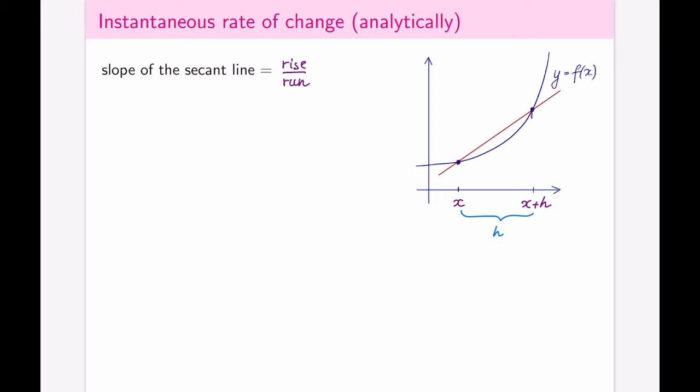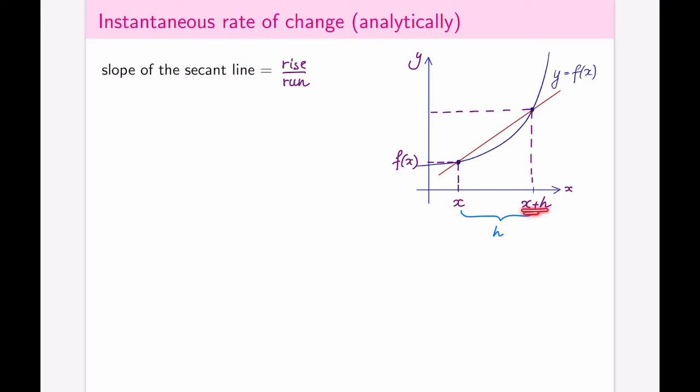Now, that's of course in terms of the x coordinates. What about the actual y coordinates? If I look at where these points land on the y-axis, let's label the axes here, my function is f of x. So if this is x, the y-coordinate is going to be simply f of x.